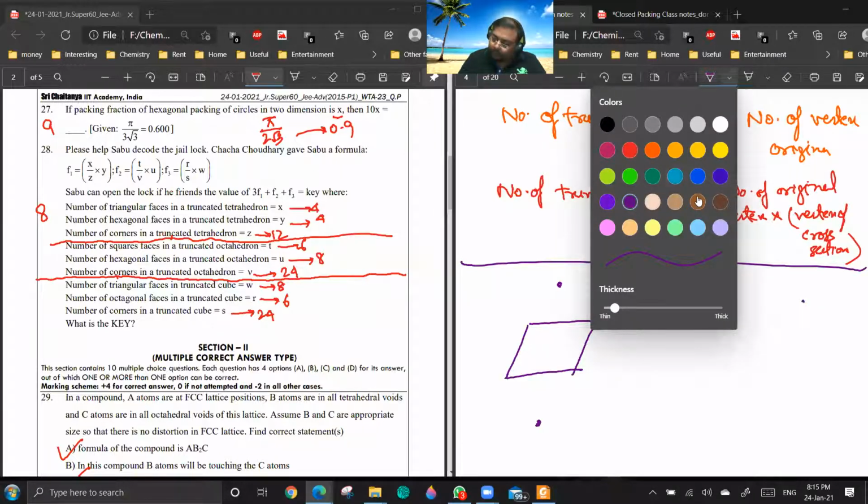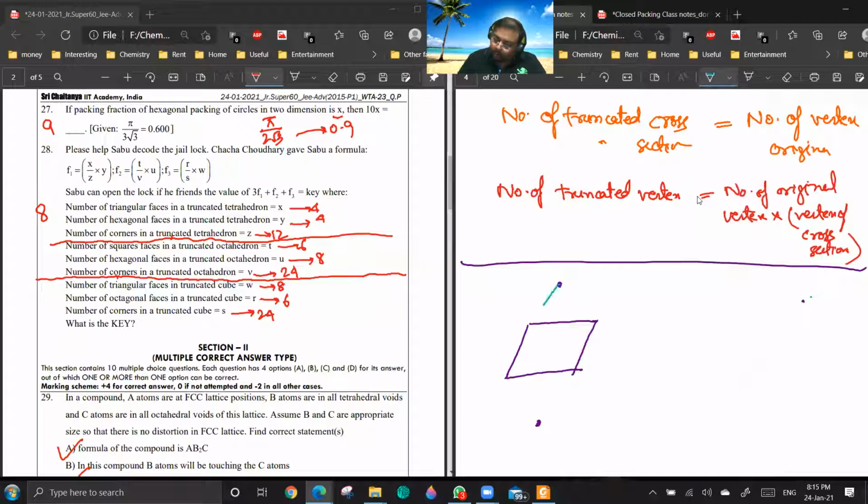When you are joining the sides, it will be something like this. This is the square octahedron.